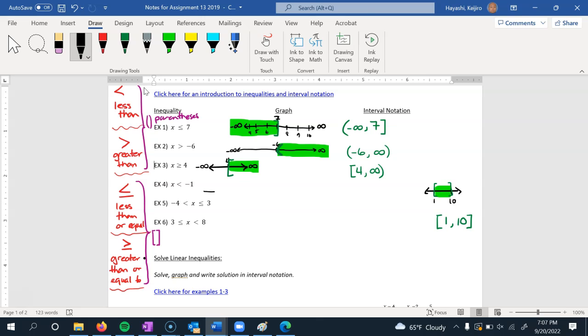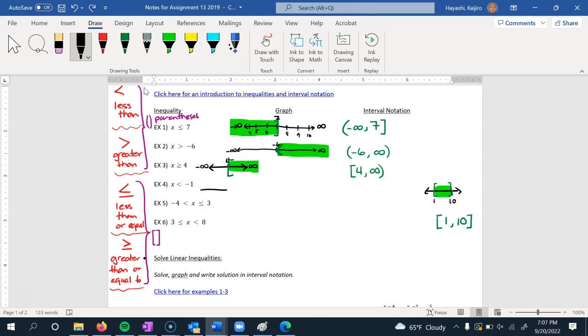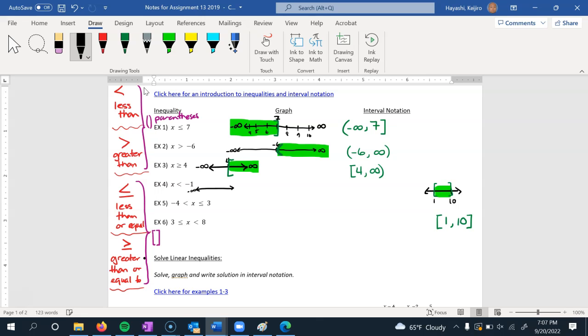Okay, so we'll do this last regular inequality example. Still a number line with negative infinity on the left and positive infinity on the right. And we're going to put down this number, -1.